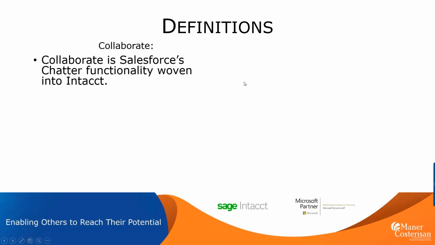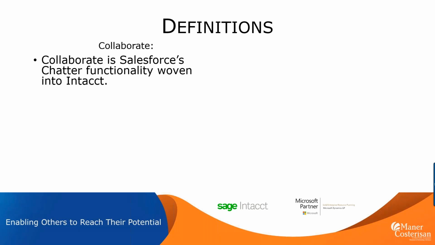Intacct Collaborate is Salesforce's Chatter functionality that's layered on top of Intacct. Intacct, if you don't know, has a very tight integration and a very close working relationship with Salesforce. And part of that has netted Intacct users the ability to utilize the Chatter functionality.